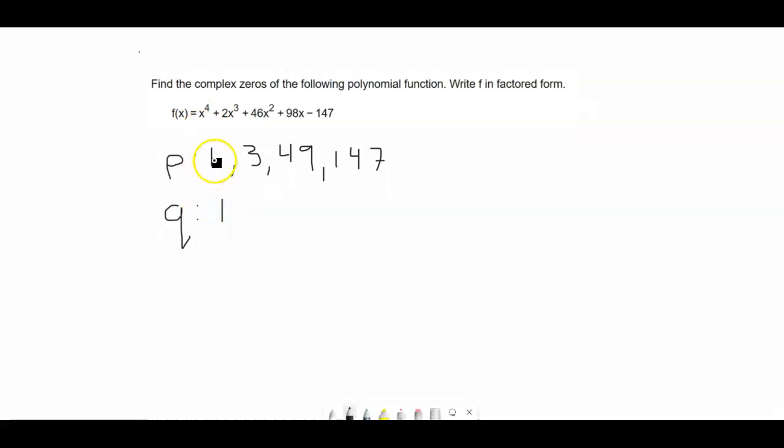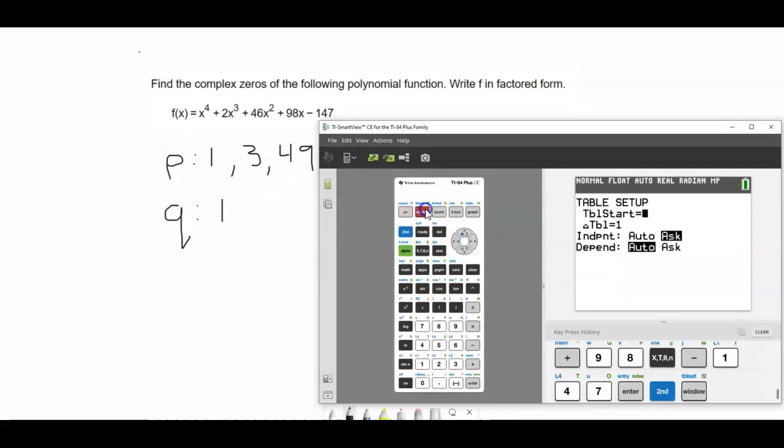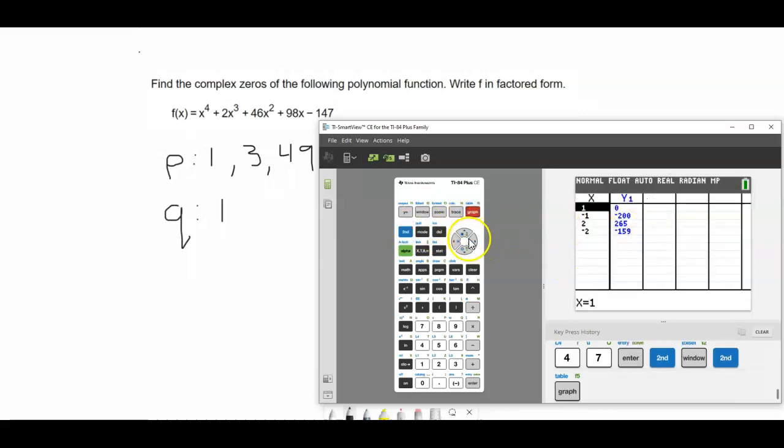So basically, when we look at p over q, all the factors of p over all the factors of q, it's just going to be all of these numbers all over 1. And again, we're looking at both positive and negative. So going up here, we're going to go to second window, make sure that our independent is on ask, and then second graph, go to our table.